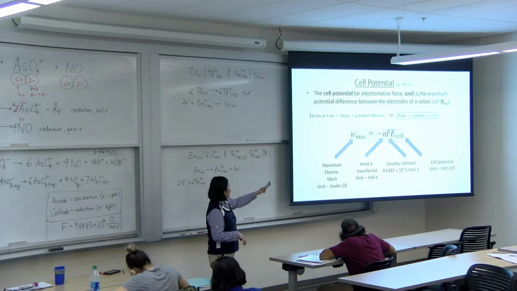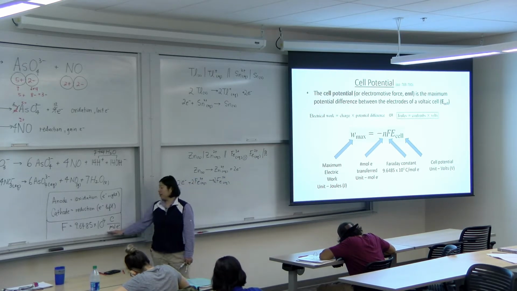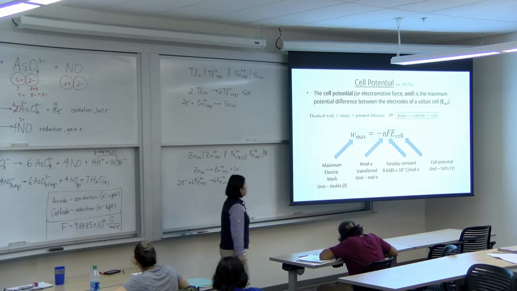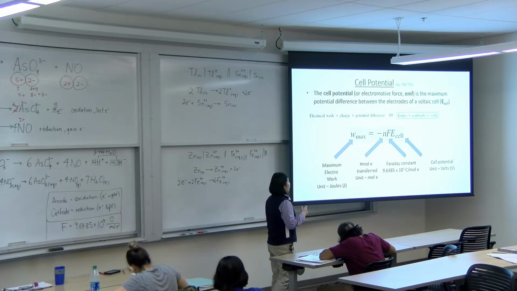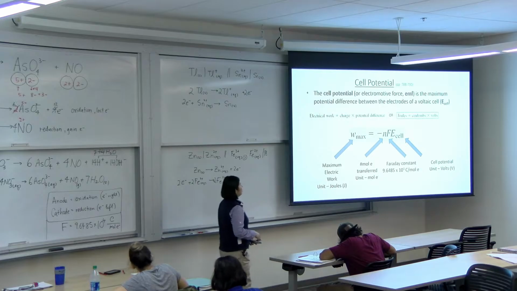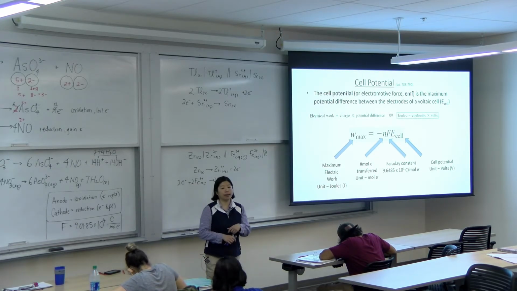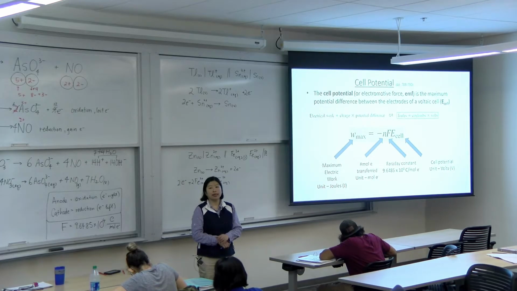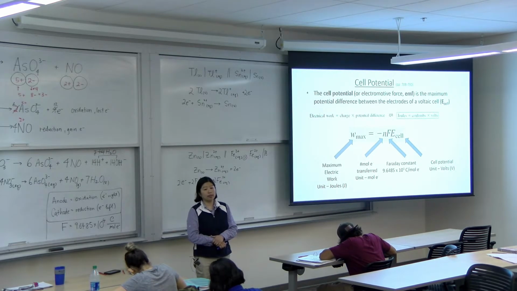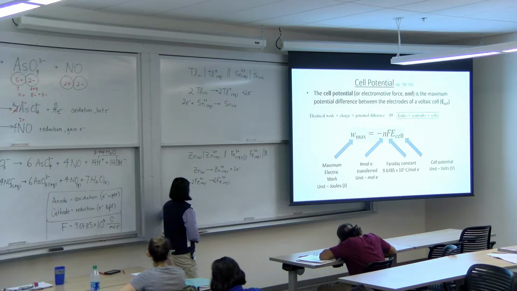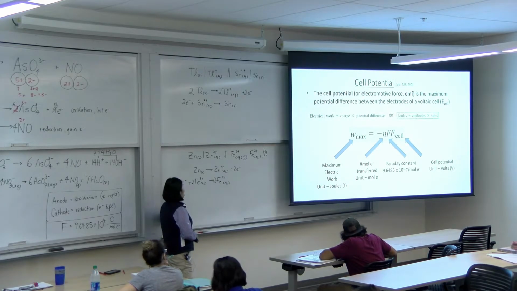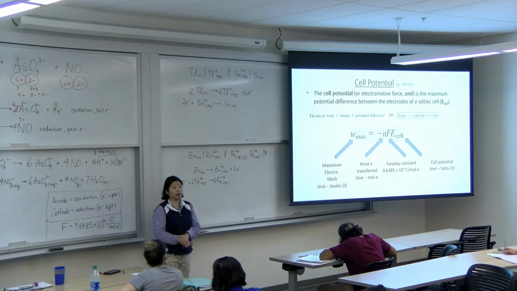I would write this equation, and under that equation, I would write Faraday's constant. Now, E cell is the cell potential. One thing to keep in mind: what is n? It's the moles of electrons. Let's look at this equation. How many moles of electrons are being transferred?